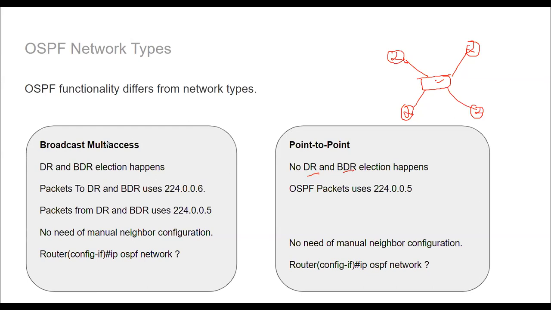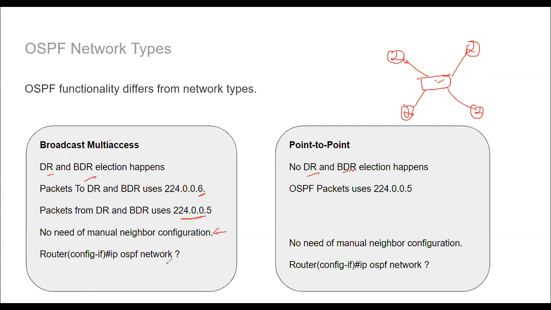Let's start from multi-access. Broadcast multi-access means it's a broadcast network. Wherever you see a broadcast network, DR-BDR is a must. DR and BDR use IP 224.0.0.6 to communicate. It's a multi-access network, so of course OSPF multicast packets will be used. You don't need to manually configure neighborship because the neighbor interface IP will be automatically found with the help of the multicast packet.